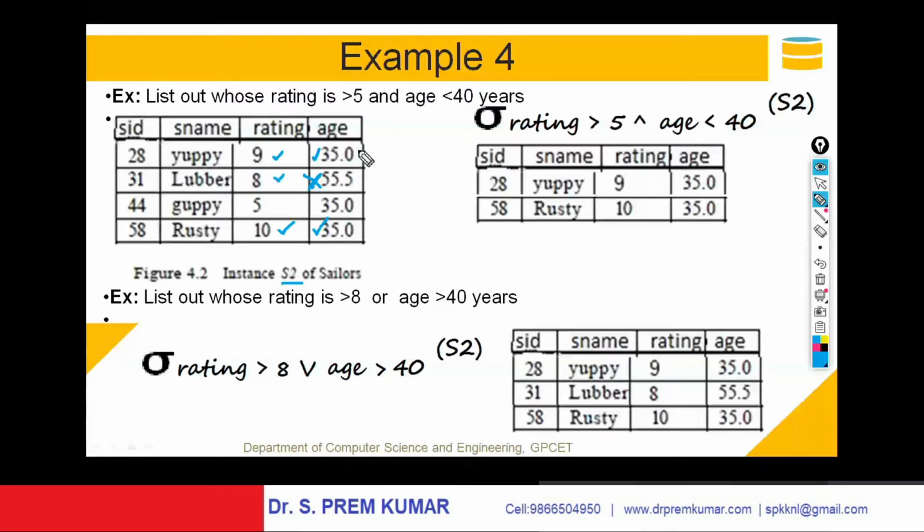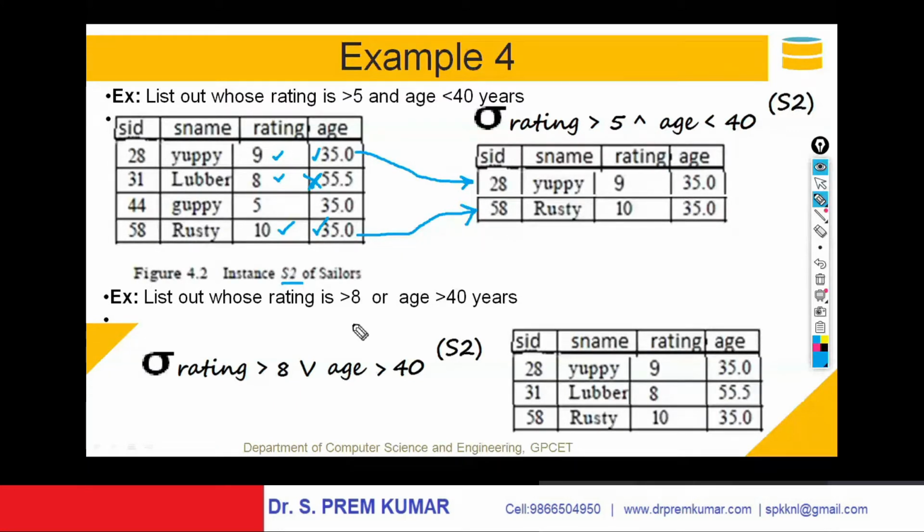And hence in the output you will get UP and Rusty. So these are the instances from S2 which are satisfying this query, as per the relational algebra expression.